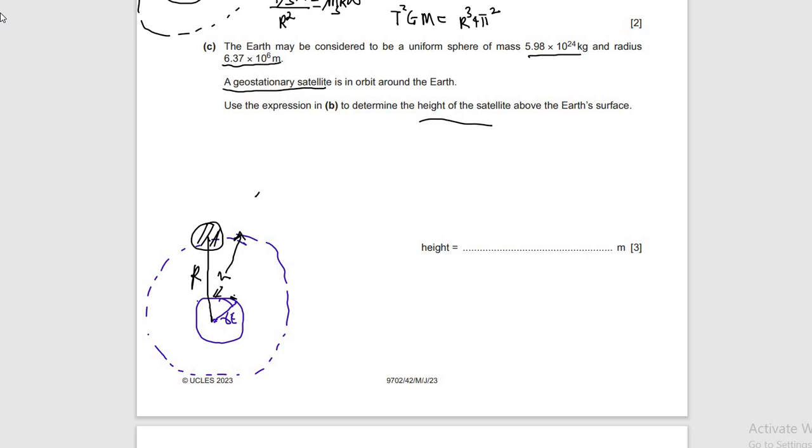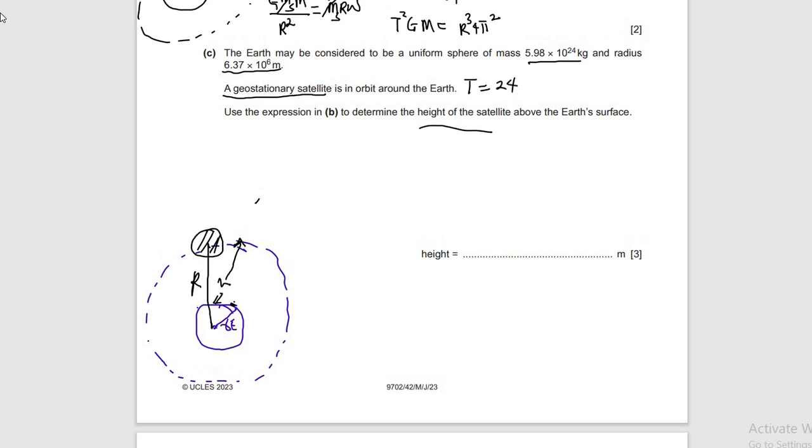Like we said earlier, one thing about a geostationary satellite is that it revolves around the Earth for 24 hours. So the period will be 24 hours. That's one thing about a geostationary object.